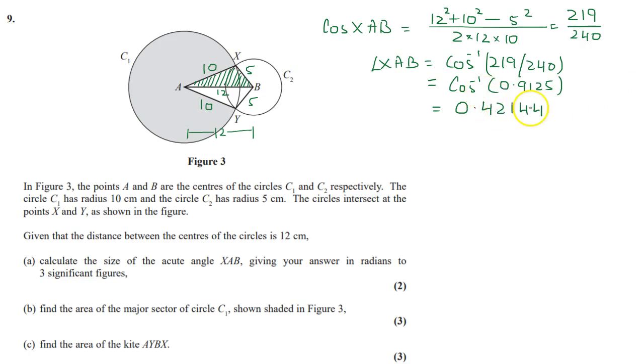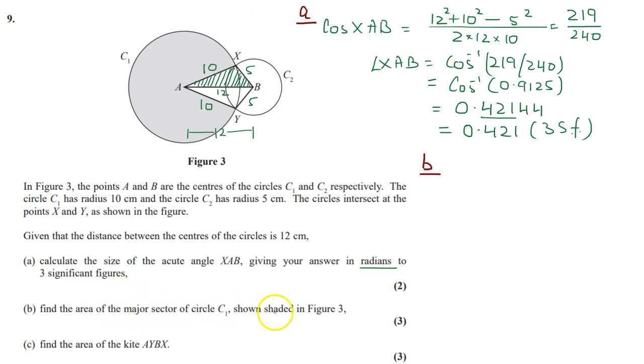Make sure your calculator is in radian mode, because this won't work otherwise. To 3 significant figures, 1, 2, 3, this is 4, so it will remain like this. So that is equal to 0.421 to 3 SF. This was part A.